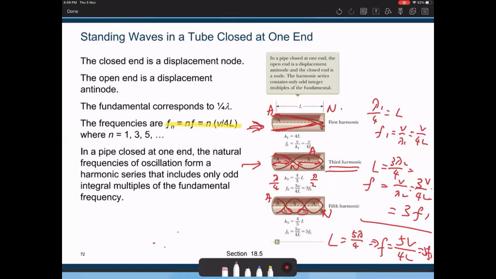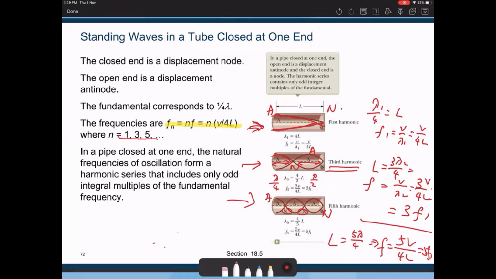I do not intend to skip the 2, but it does not exist, basically. The next would be n equals 5. So this is the consequence of our deduction. N would be odd and no even modes, basically.